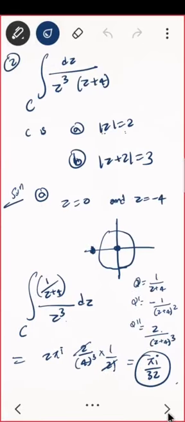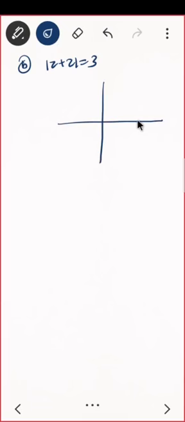What about the second one? Mod of z plus 2 equal to 3. Let us draw that first. How will you draw this? Tell me. What is center? What is radius? Yes, center is -2 and radius is 3.